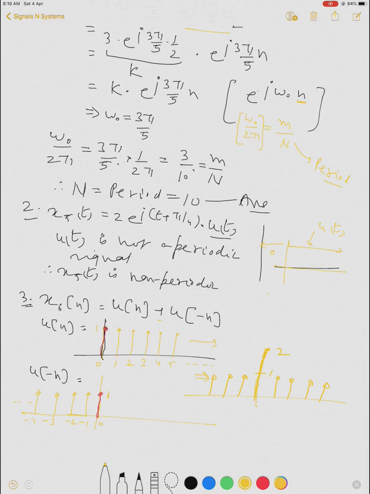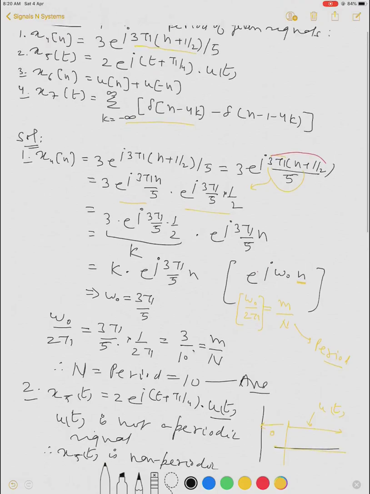So obviously by looking at it, we can see that this sum of u of n and u of minus n is a non-periodic signal. So x of 6n is a non-periodic signal. Now the last one.